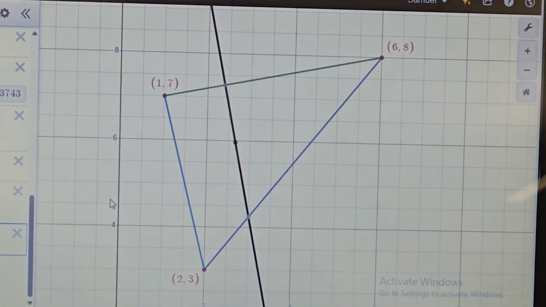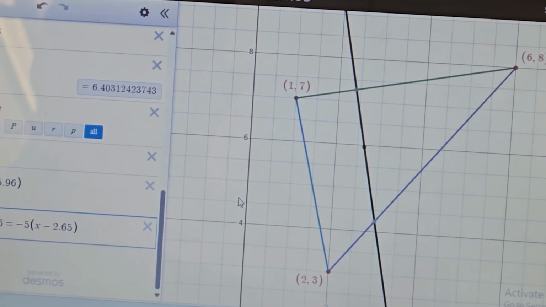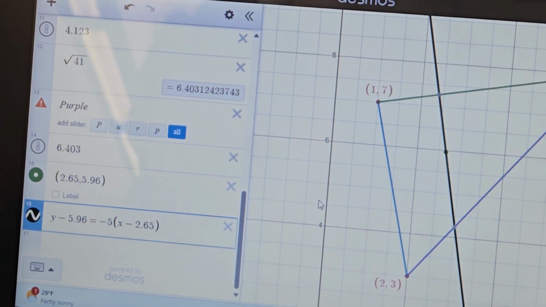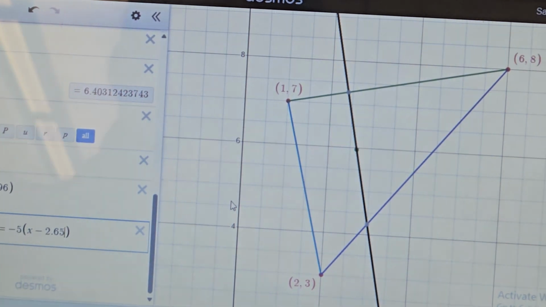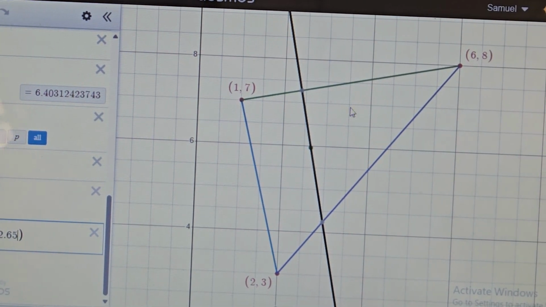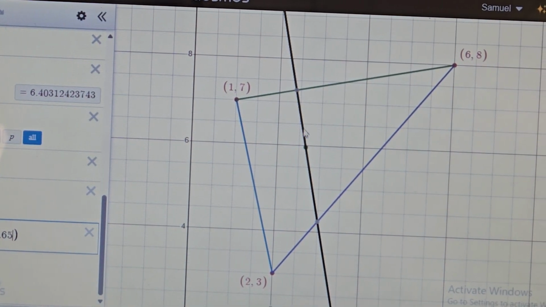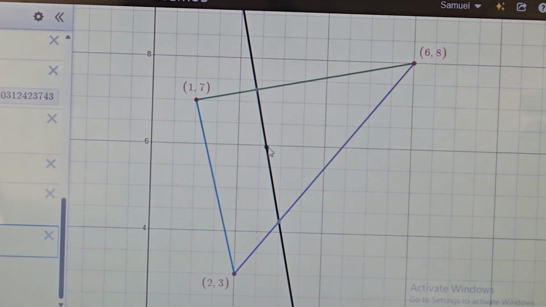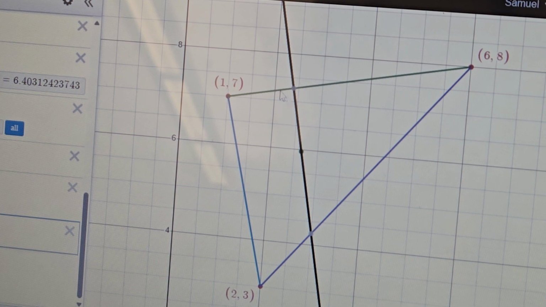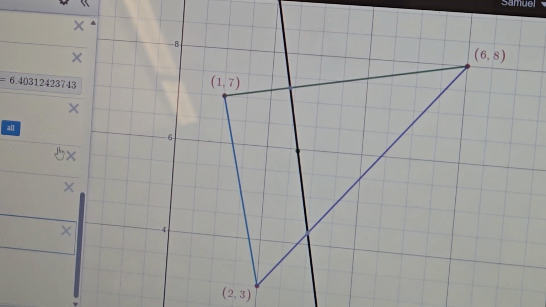So there. If you're having trouble making point slope form, all you have to do is take our center point and incorporate it. Now we have to figure out the distance between the point it intersects and the point here. This will be the last time we use the distance formula. If you need the other point, here it is.